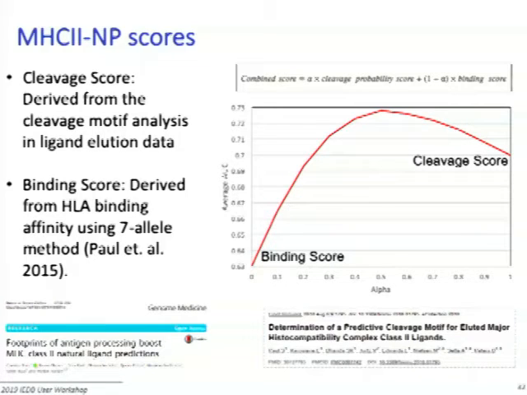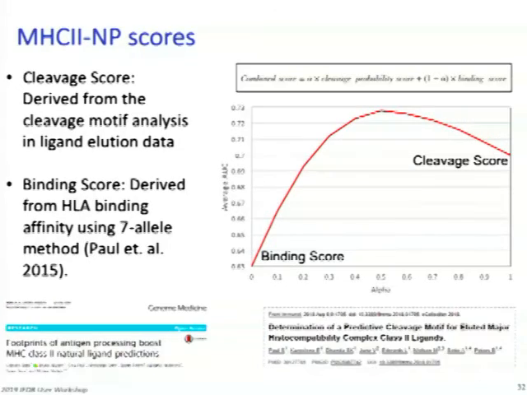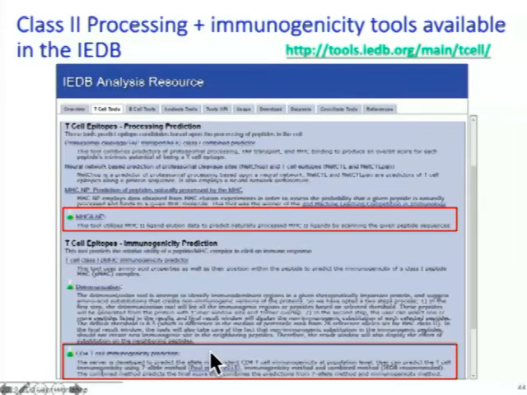Morten's group generated a similar tool at about the same time, also finding a clear footprint of the antigen processing machinery, and that significantly boosted natural ligand predictions but didn't have a significant impact on T-cell epitopes.